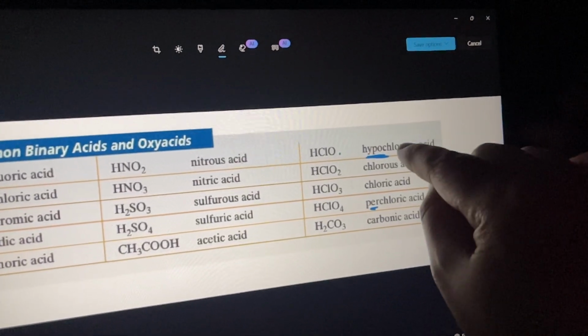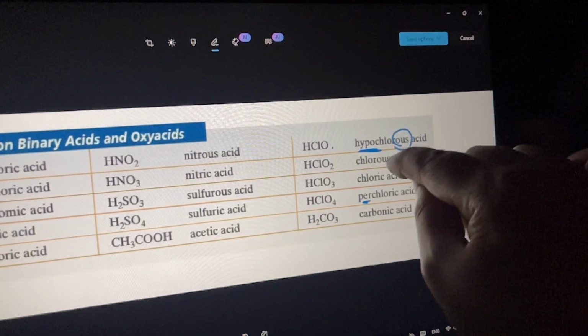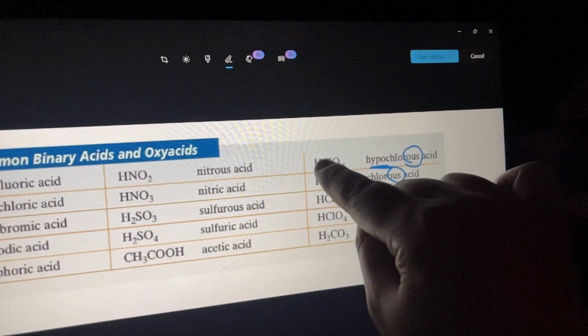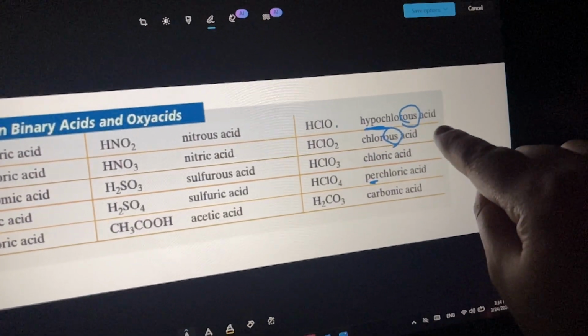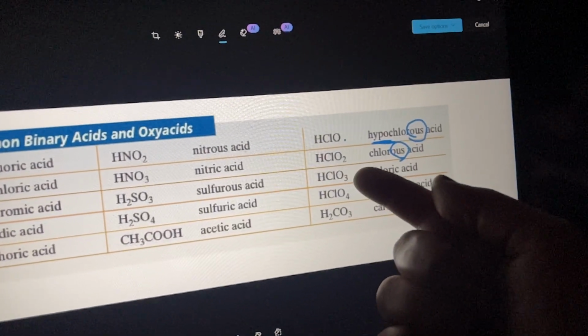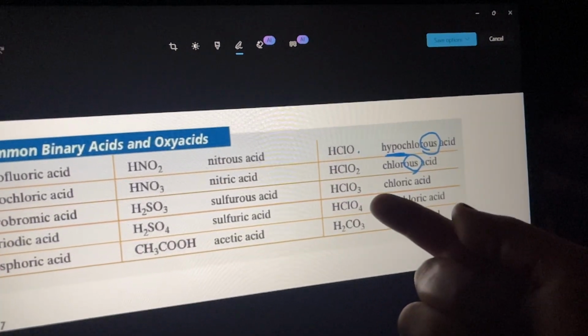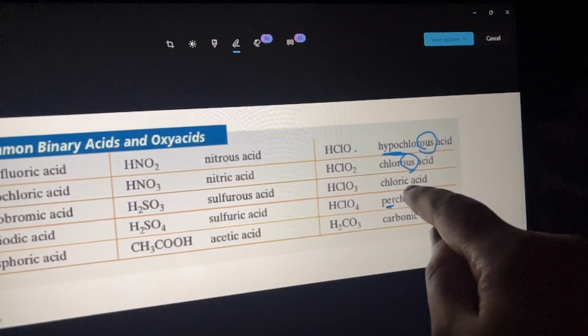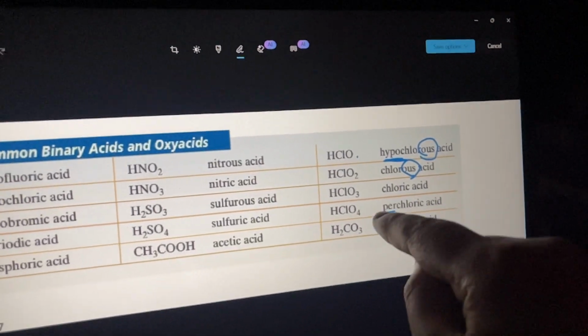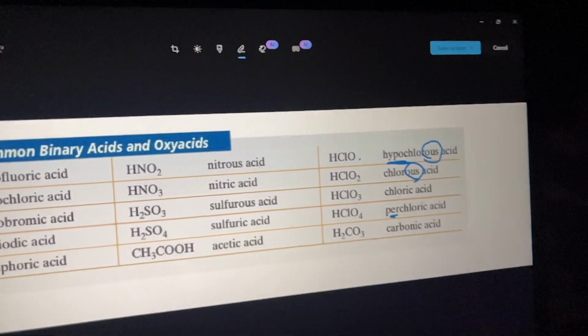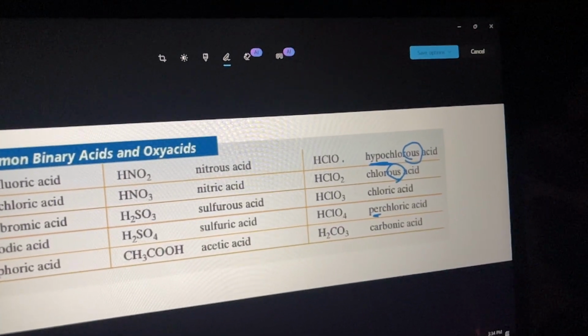Okay? Because of that we add the suffix -ous. So we say hypochlorous acid, chlorous acid. But for 3 oxygen or 4 oxygen, we count as more oxygen. So because of that, we say chloric acid, perchloric acid for HClO4. Okay?